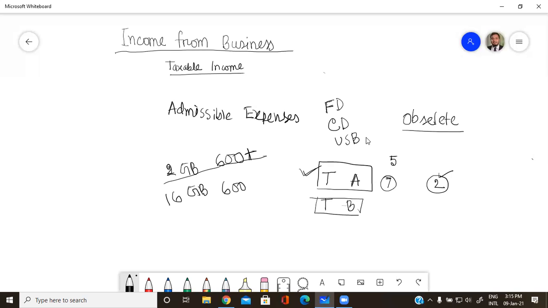If you have a stock of 2 GB USB in your shop, is it possible for you to sell the 2 GB USB at the price you expected? No, sir. Now you have to sell this kind of USB which has become obsolete. Obsolete in the sense that 2 GB is now of very limited use. People nowadays start buying USB from 16 GB.